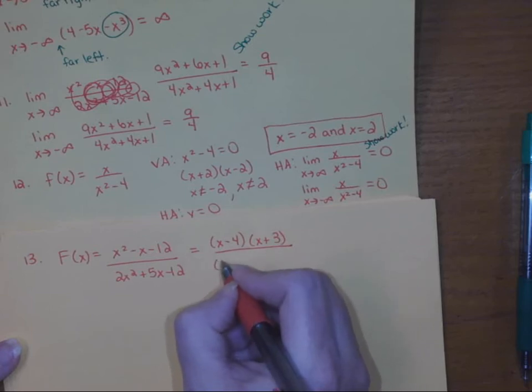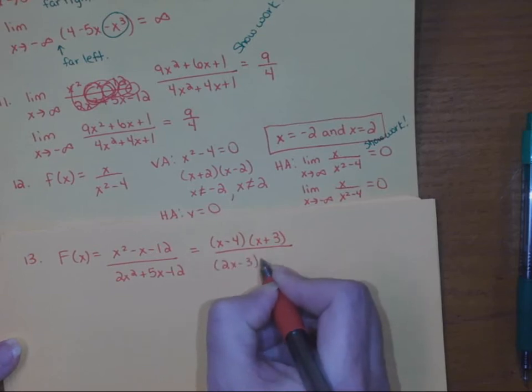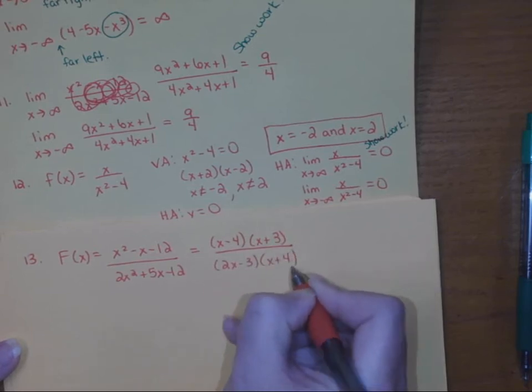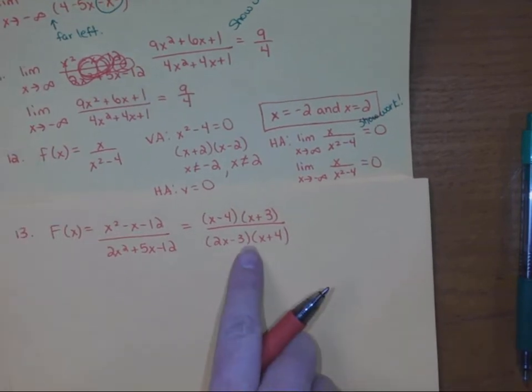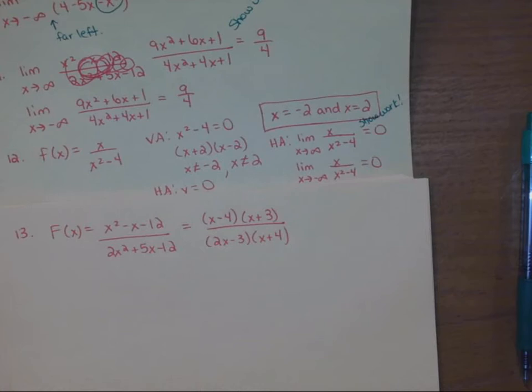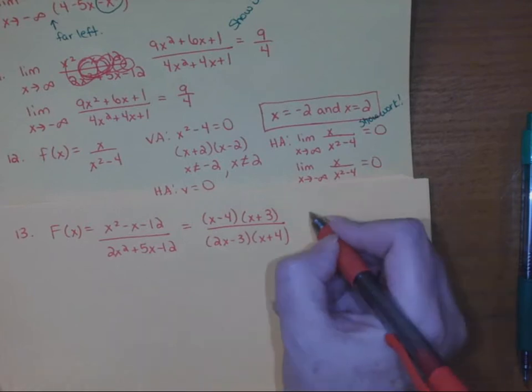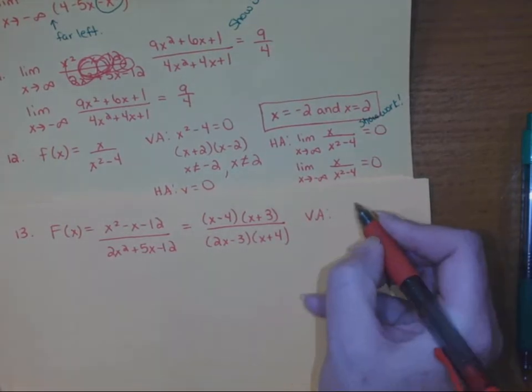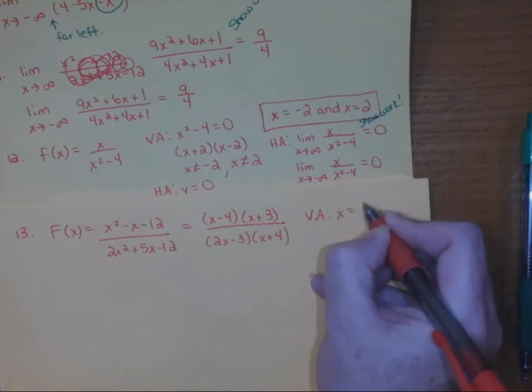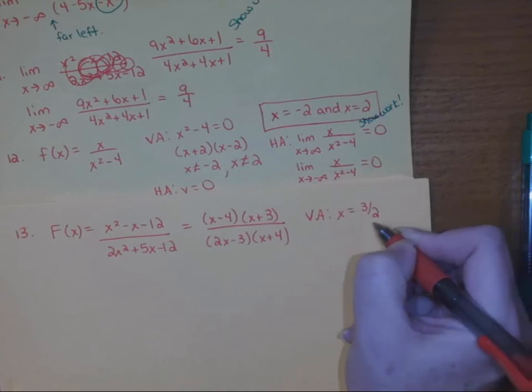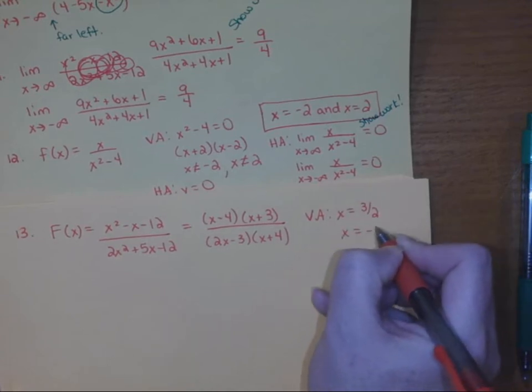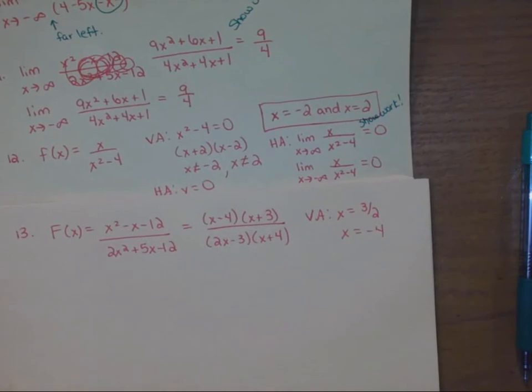The bottom factors into 2x minus 3 times x plus 4. If there were some simplifications to be made, you would do those, but in this one we don't have any. So we would just set each of these equal to 0. The vertical asymptotes will be x equals 3/2 and also x equals -4, if you set both of those equal to 0.